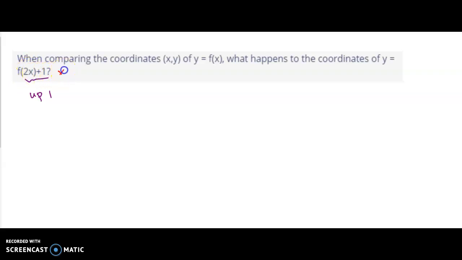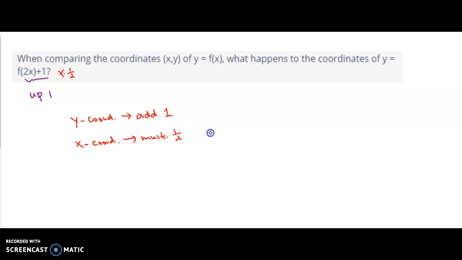And so you have to multiply by a half. So for the y values, the y coordinates, you're adding 1, because you're going up 1. For the x coordinates, you are multiplying by 1/2.